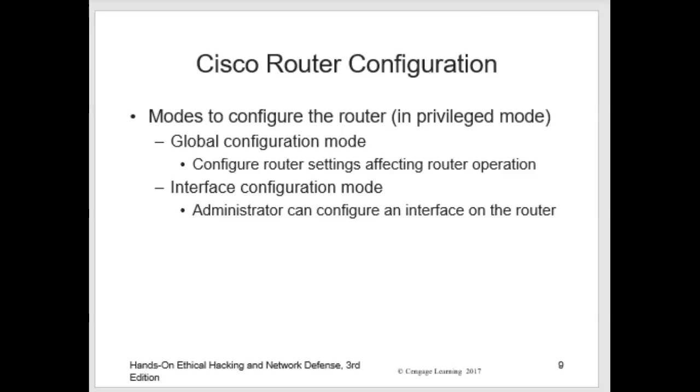Now, continue with the Cisco router configuration. The router name is followed by a symbol, and it indicates what user mode you're in. And the book shows you some examples of that. So a router name, the symbol is the greater than sign, right?